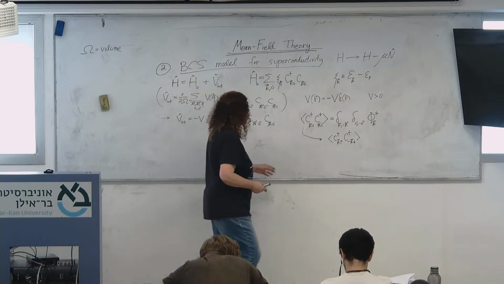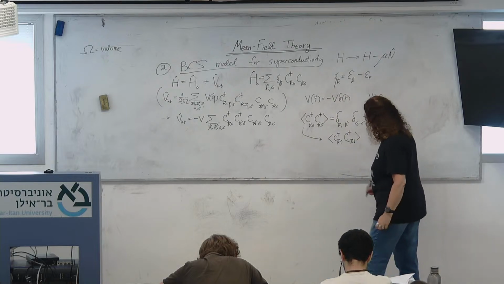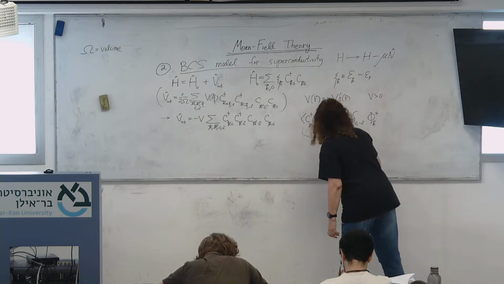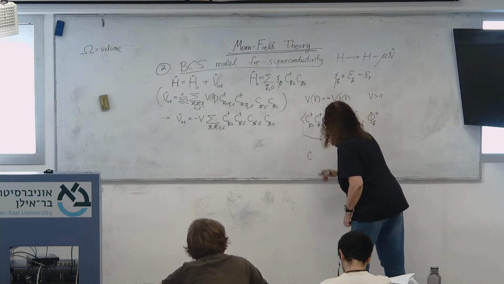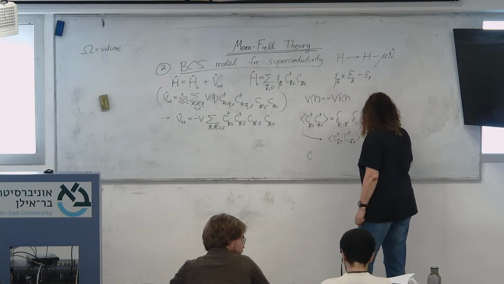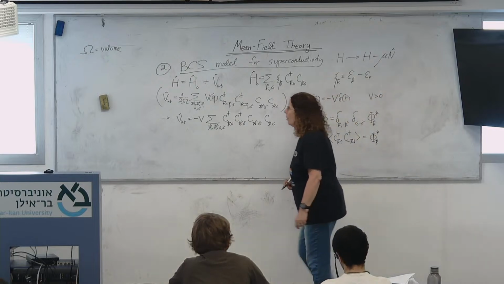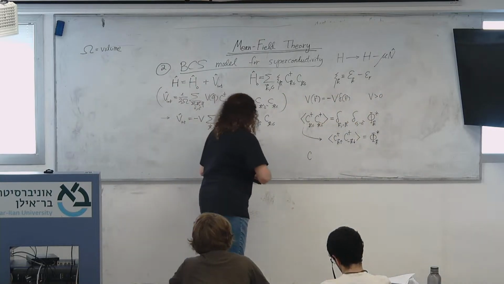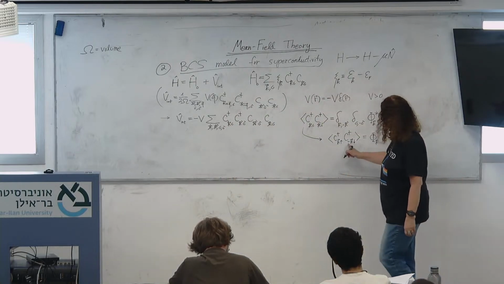And of course, if this is phi k star, then if I take the Hermitian conjugate of it, what is the Hermitian conjugate of this?